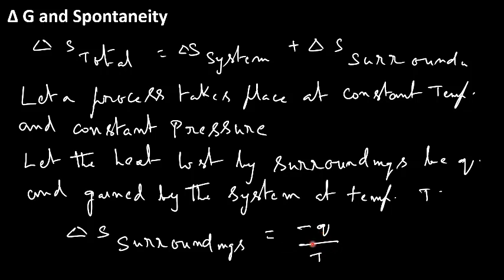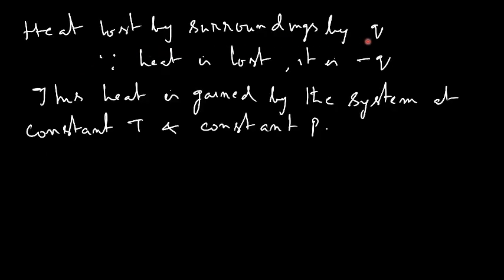Here, the negative sign of Q indicates that heat is lost by surroundings, and this heat is gained by the system. So the heat lost by surroundings is Q. Since heat is lost, it is minus Q. And this heat is gained by the system at constant temperature and constant pressure. So heat gained at constant pressure is nothing but Qp, that is delta H system.